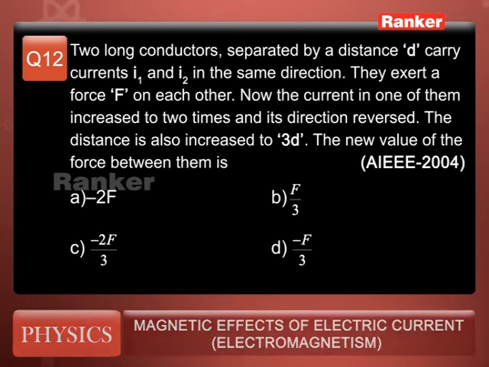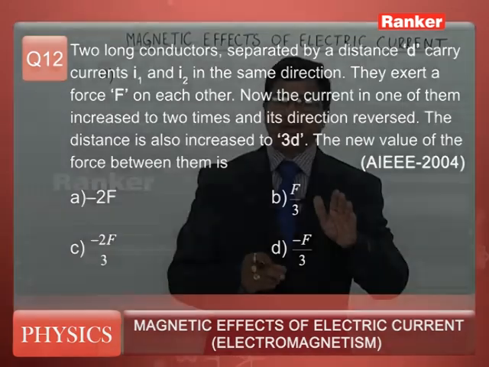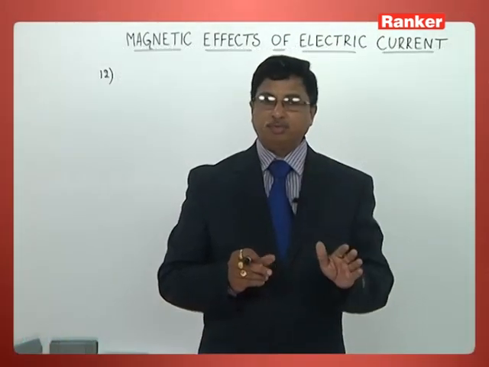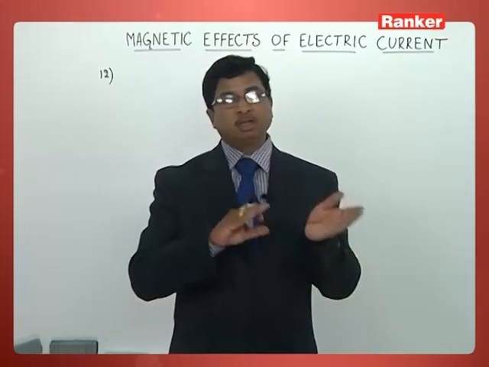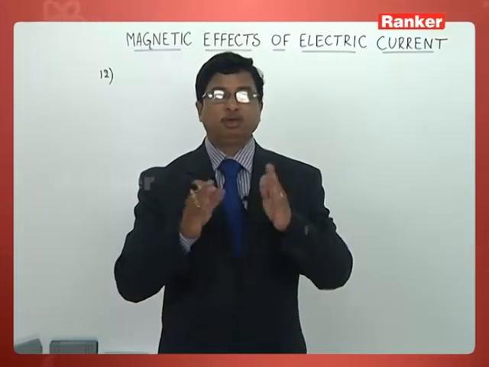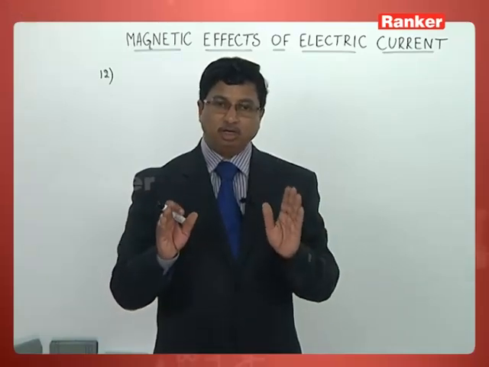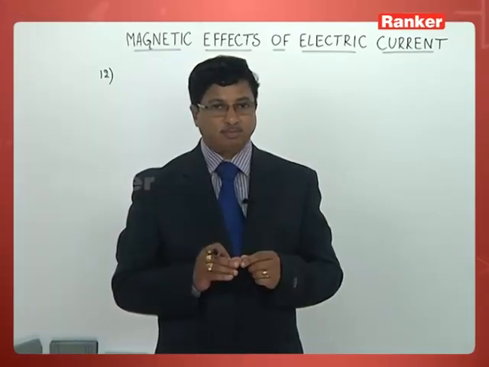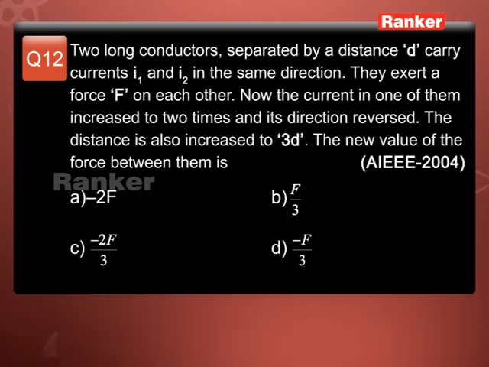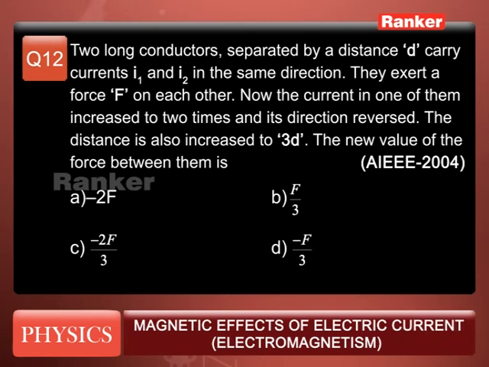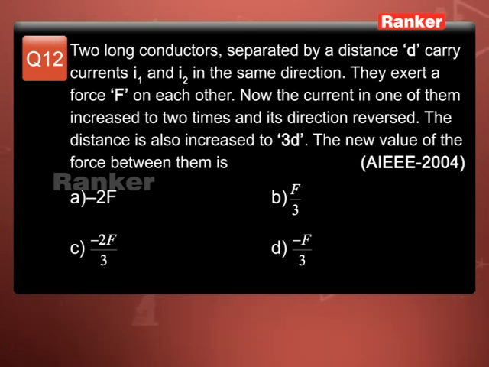So now the earlier force of attraction which was existing between those two parallel conductors will now be converted into force of repulsion. That is one point one should understand first. And what else is he talking about? The distance is also increased to 3d. Earlier the distance between them was d, now it has been made 3d. Then what is the new value of the force between them?